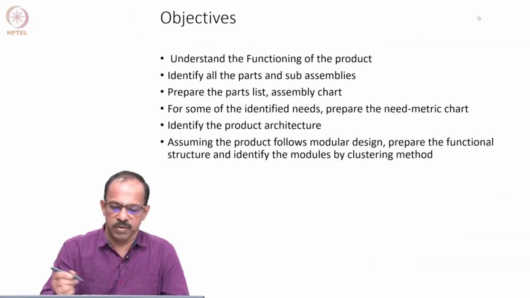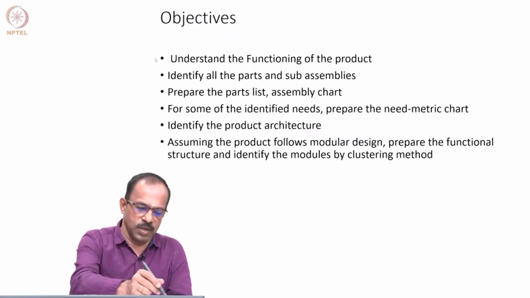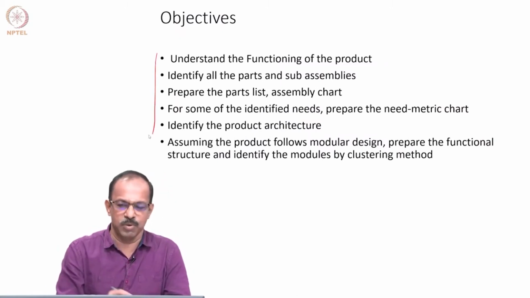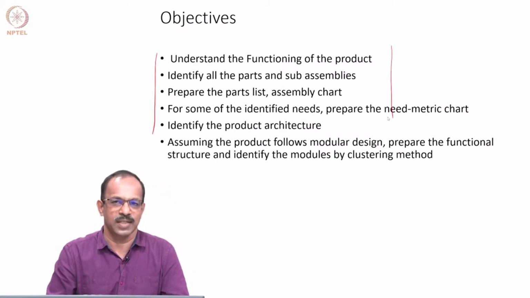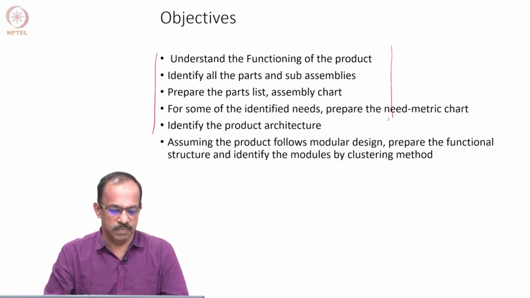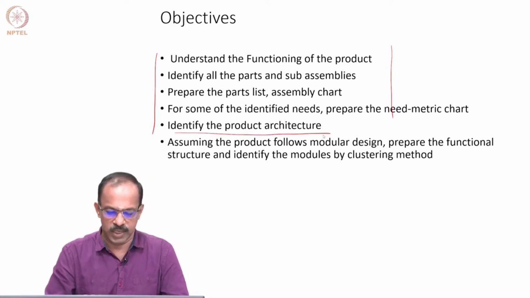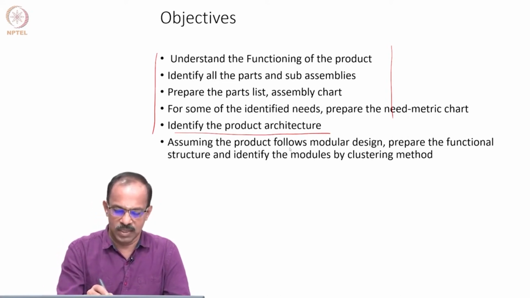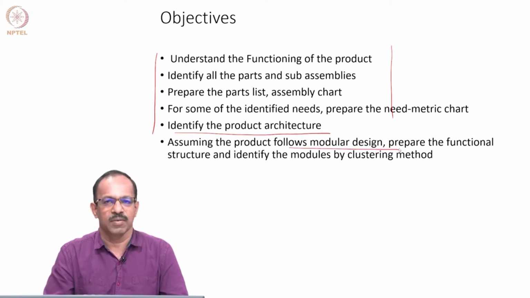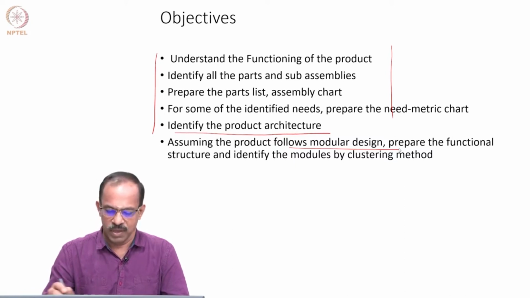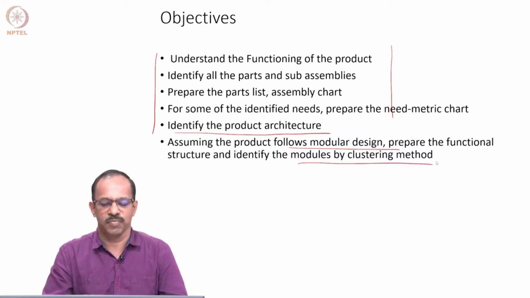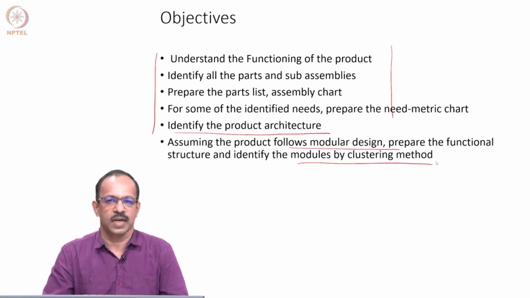The primary objectives are to know the product, the parts and its assembly, and then to identify the product architecture and see whether it's a modular design. If it is a modular design, what are the modules that you can think of, and that you can do using the clustering method.